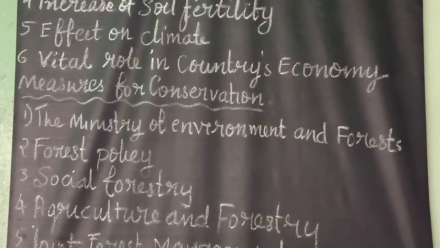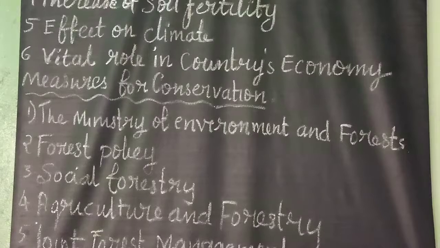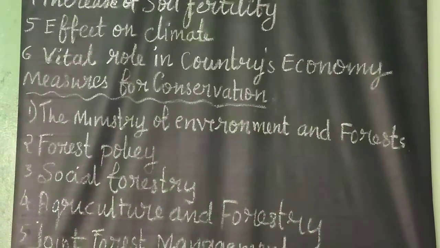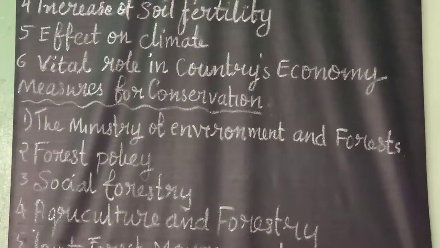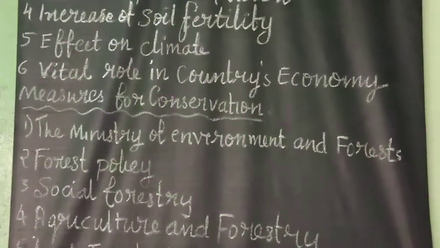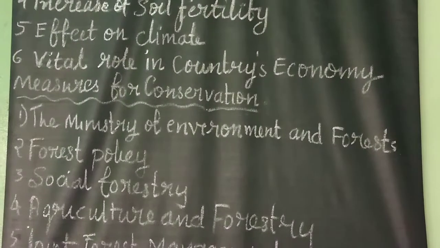These also do a lot of work decomposing dead organic matter, thereby increasing soil fertility. Because of all these reasons, forests are one of the most important components of ecological balance.